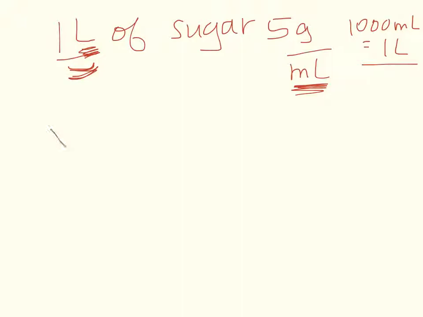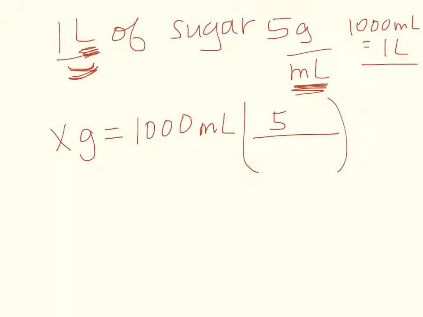So I can make it simple and change liters to milliliters. I have to figure out how many grams I want again, and I need a liter, which is the same as 1,000 milliliters, and I want it to be 5 grams per milliliter.